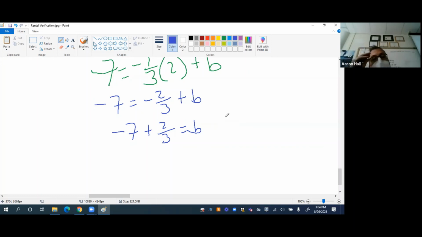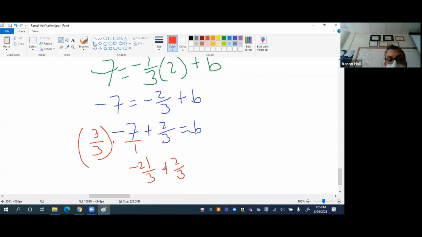How did you do that? You can multiply 7. All right, so negative 7 is the same thing as negative 7 over 1, right? And we're going to multiply by 1 in the form of 3 over 3. That gives us negative 21/3 plus 2/3 equals b. Now what? Negative 19/3.